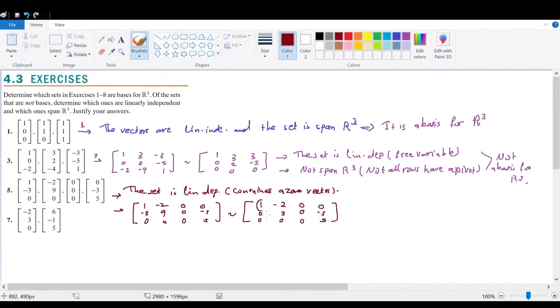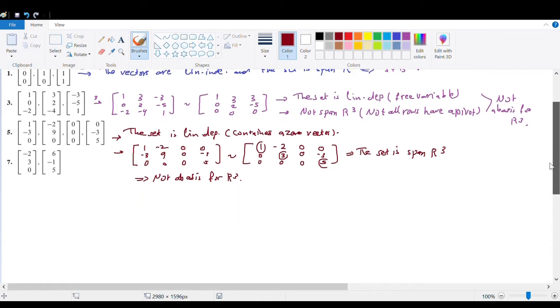So here we have a pivot, here we have a pivot, here we have a pivot. Since we have 3 pivots, every row has a pivot, which means the set spans R3. But since it is linearly dependent, the set is not a basis for R3.